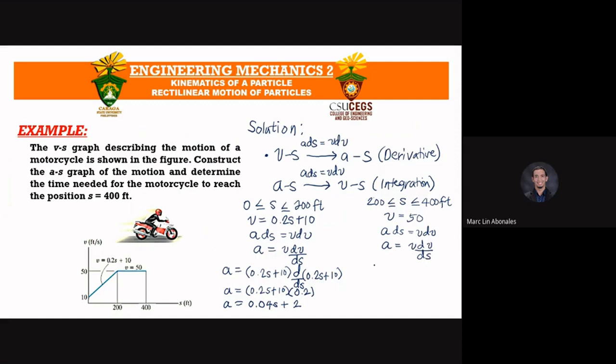Then we substitute the equivalent of v, so that is 50, and d over ds, then 50 here. What happens? The derivative of 50, or if we differentiate 50 with respect to s, is equal to 0. So that's why a is equal to 0. Therefore, we now have our two functions that describe the AS graph. So now we will graph the AS graph.